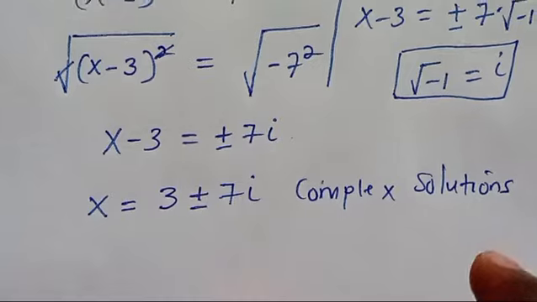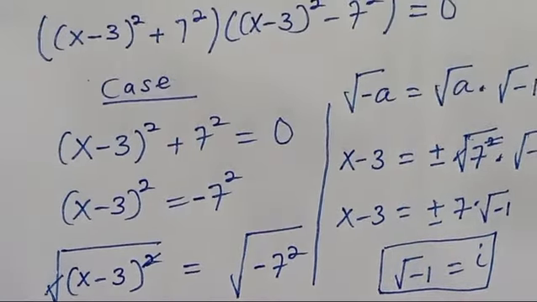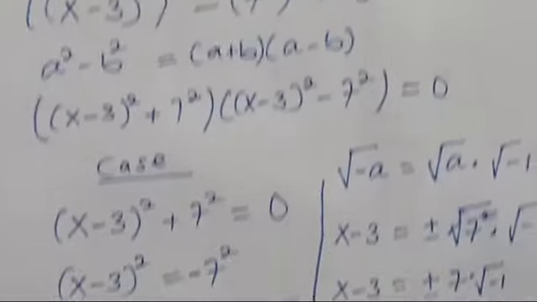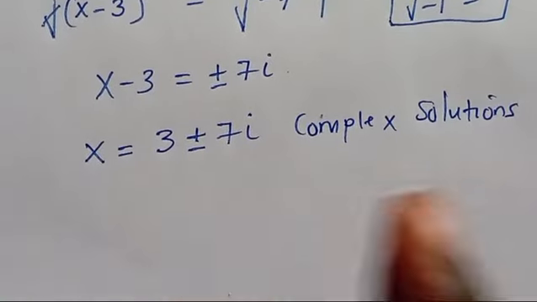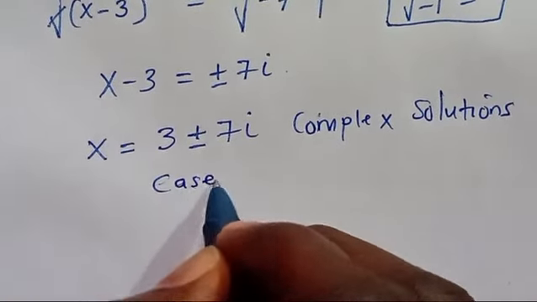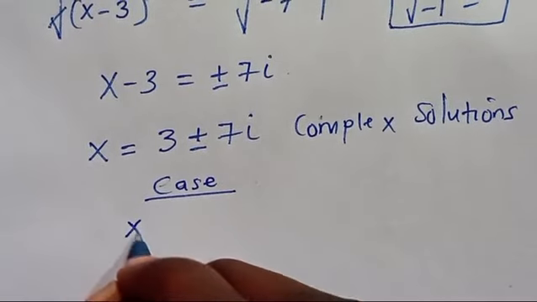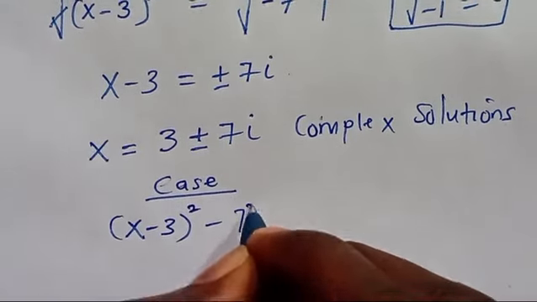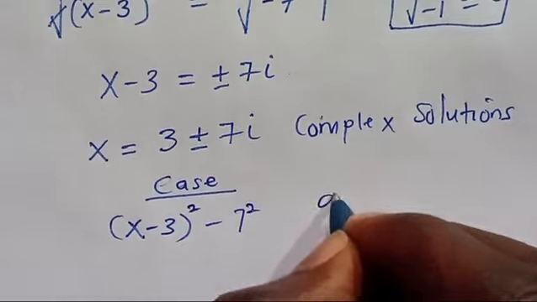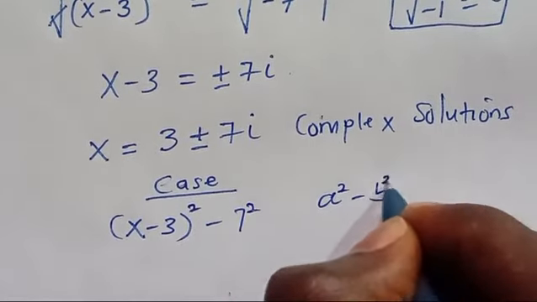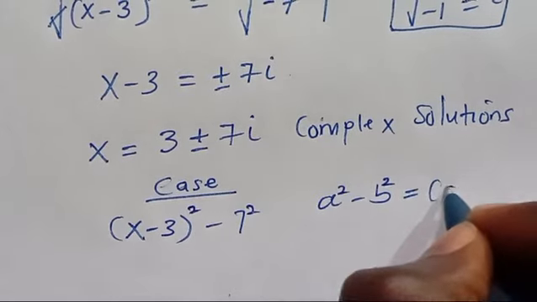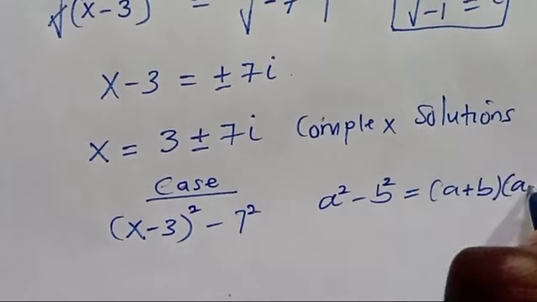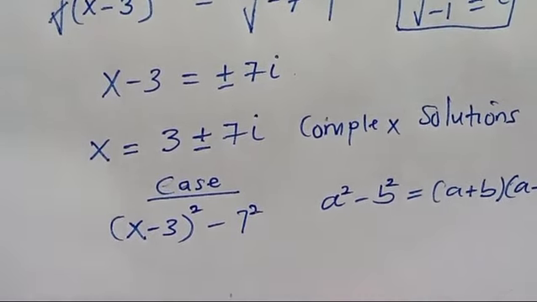Then let's also recall from here, from this, let's take this to be case 2. So we're going to have (x minus 3) in parentheses to the power of 2 minus 7 to the power of 2. Then let us recall that when we have a squared minus b squared, this always equals (a plus b) in parentheses multiplied by (a minus b) in parentheses.